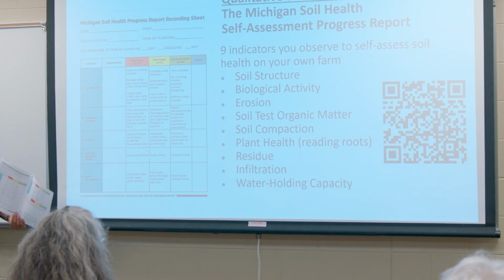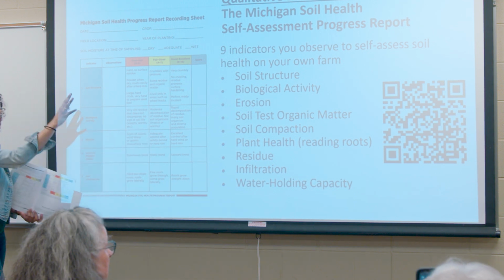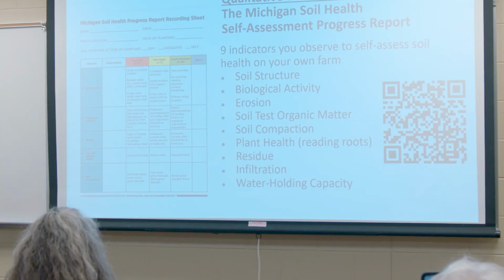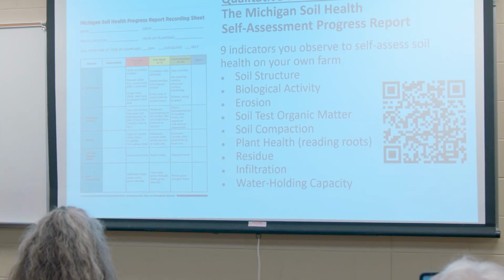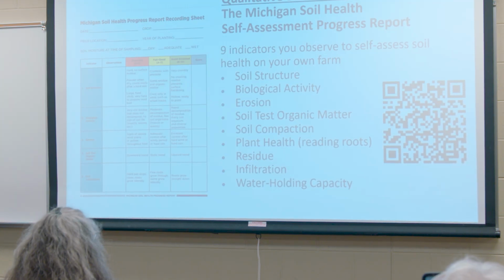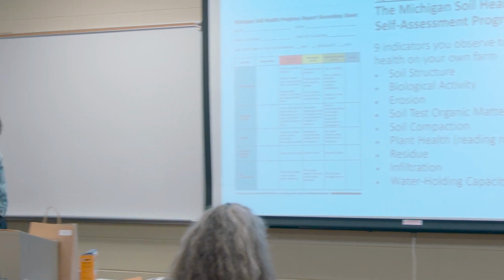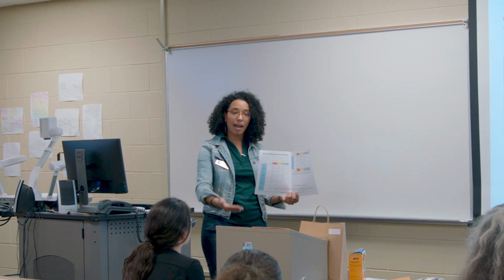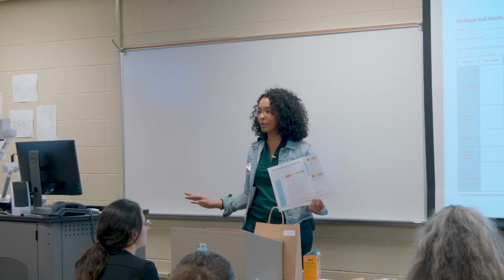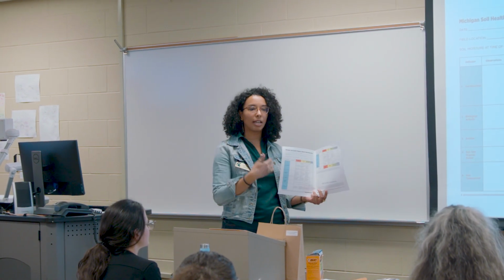So this resource goes through 9 indicators for you to observe. It gives you prompts, and then you rate yourself. The best way to do this is to come back in maybe 2 or 3 years and do the same assessment using your same eyes, same time of year preferably, and seeing how those visual indicators are changing.